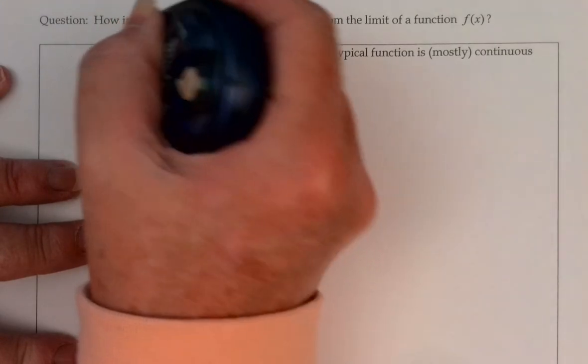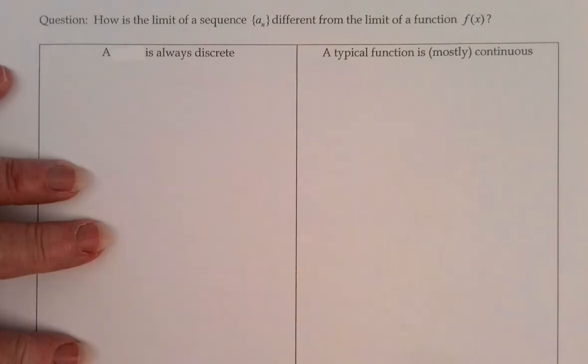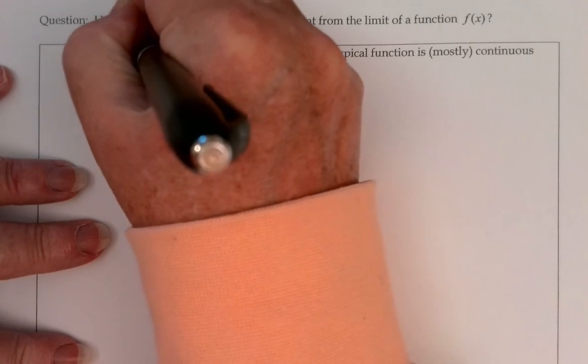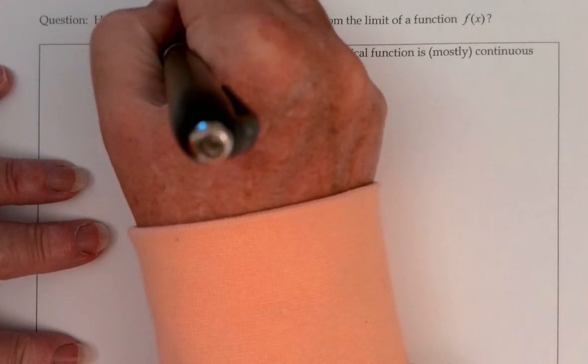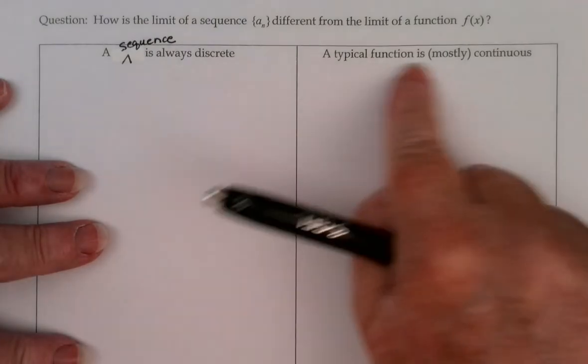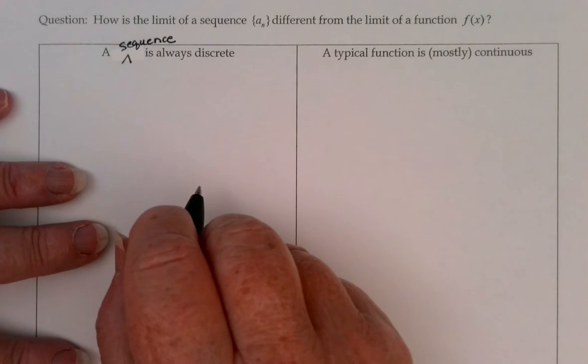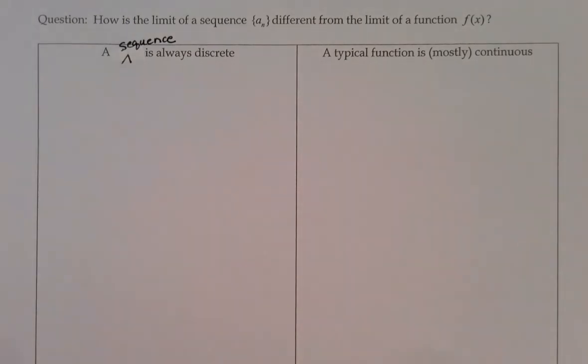A sequence is always discrete, as opposed to a typical function, which is mostly continuous, right? We know we can have a point or two of discontinuity, but the majority of a function is usually continuous.